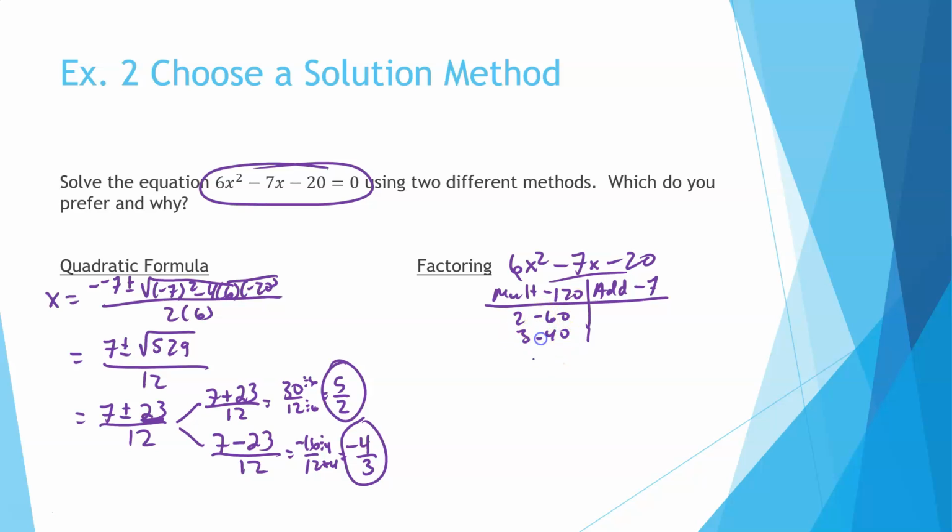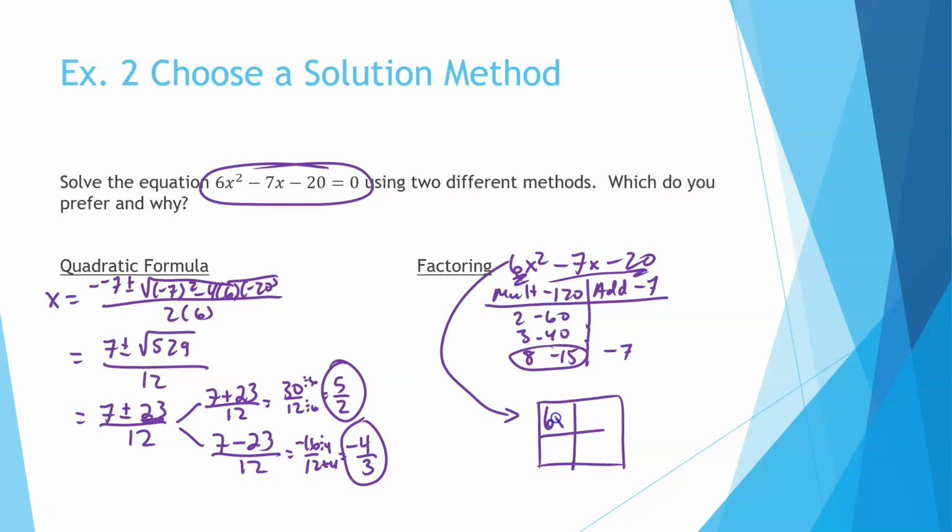A positive and a negative until I get two things to add up to -7. So I kept going, and eventually I got to 8 times -15, which adds to -7. So this was my pair. As you can see, this could take a really long time. As soon as these numbers start getting bigger like this, factoring becomes less efficient.